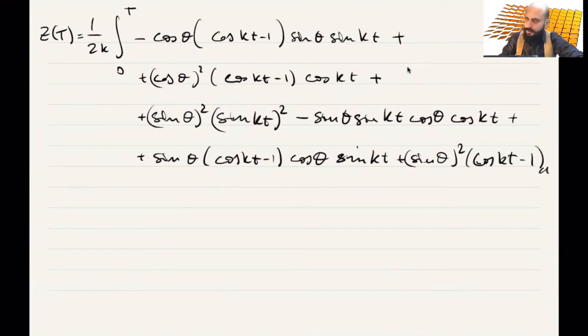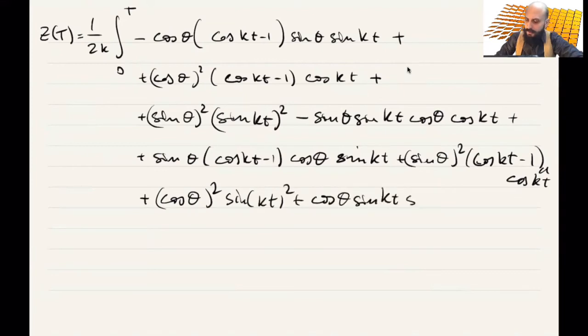I forgot to write, so cos kt, plus, almost done, cos theta square sin kt square plus cos theta sin kt sin theta cos kt dt.